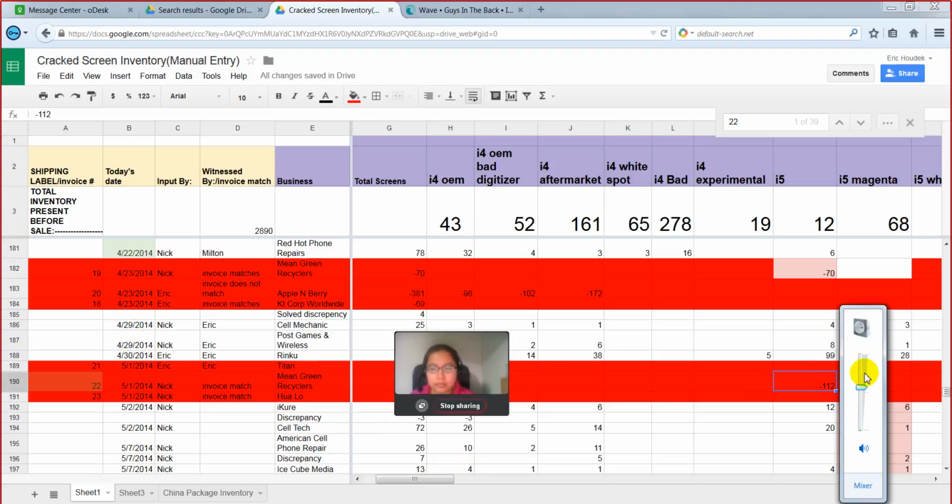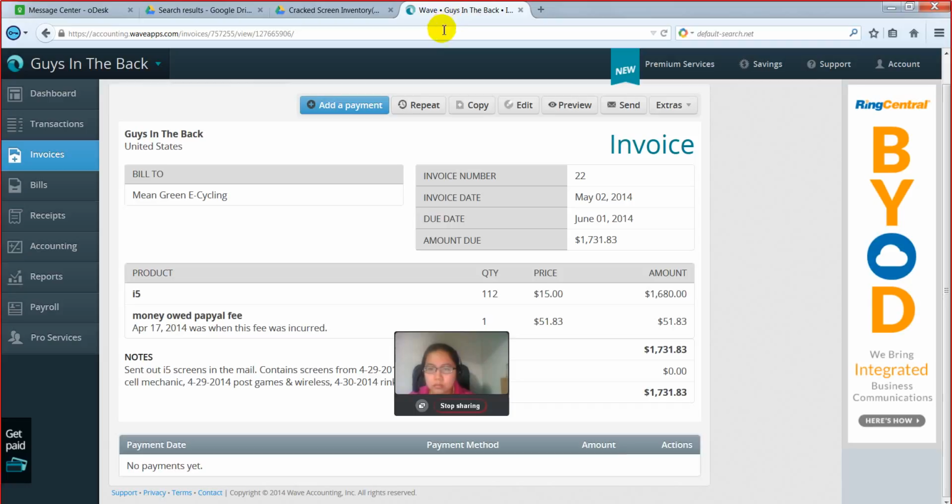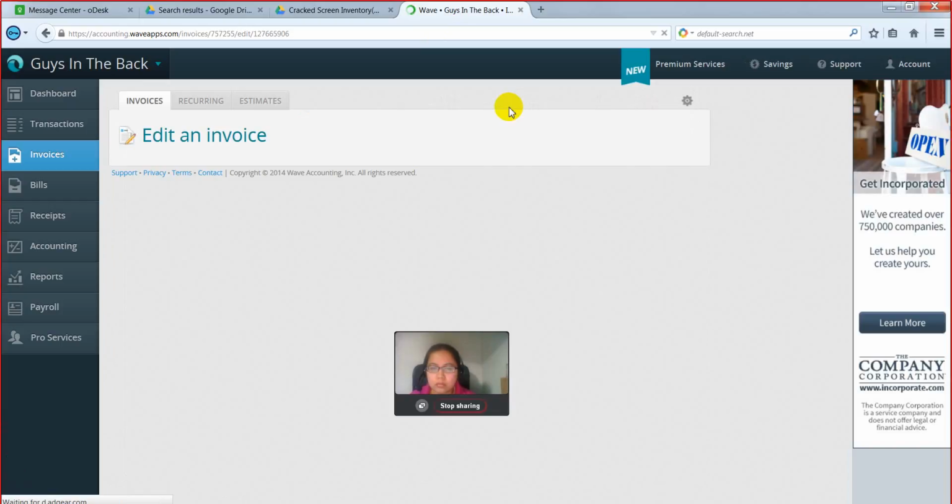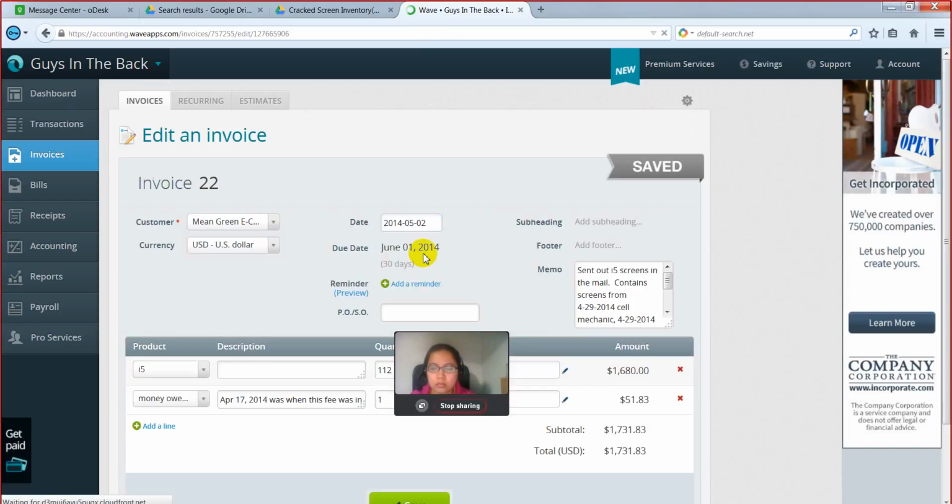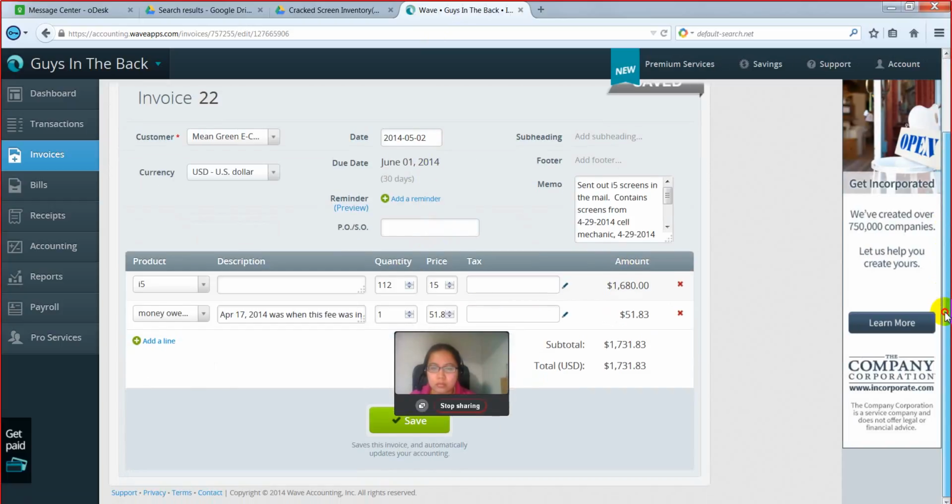Yes. Okay. So then what I would want to happen is go back to this invoice, which is invoice 22, and click on edit real quick. Put a note in the invoice that would basically say these screens came at this price.